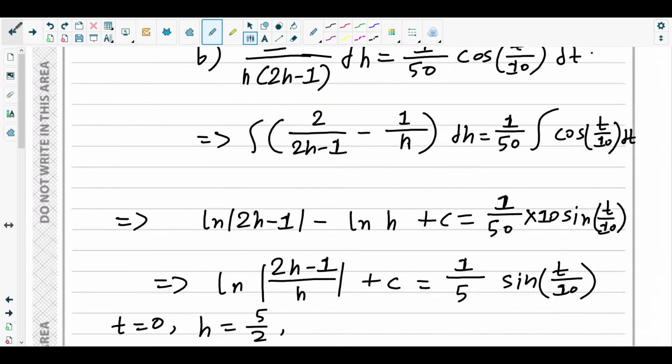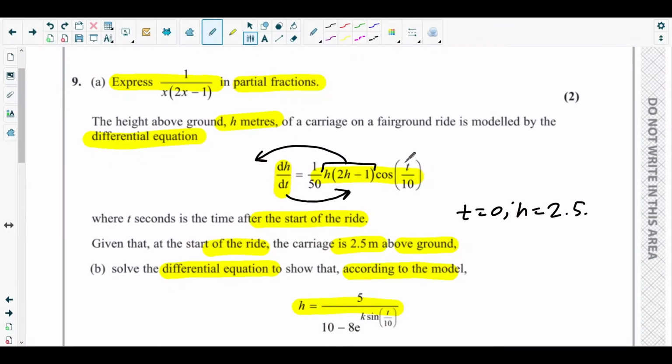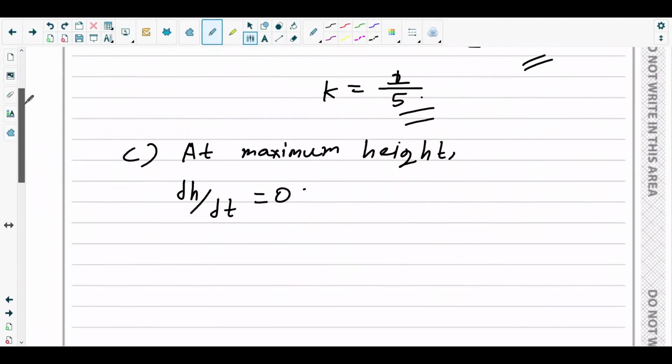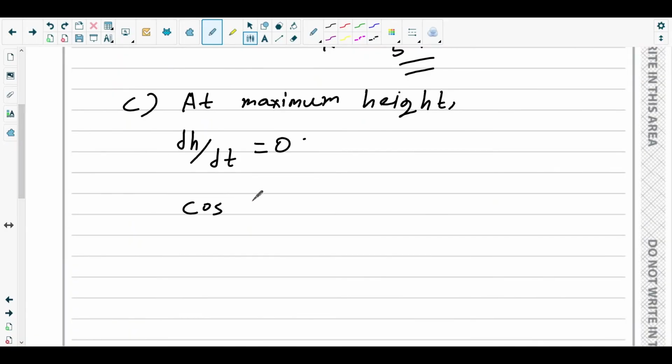If you consider dh over dt equals 0, then there are no other terms other than cos t over 10 which can give you the time. The 2h minus 1 term can't give you the time, it gives you the value for the height. So we don't need h. The question asked for the time, so we will consider only cos t over 10 equals 0.